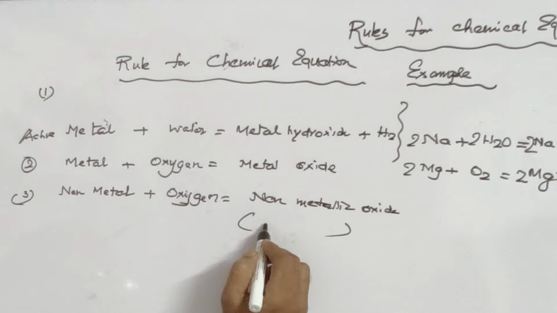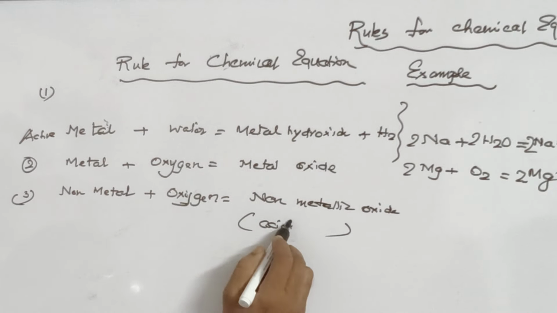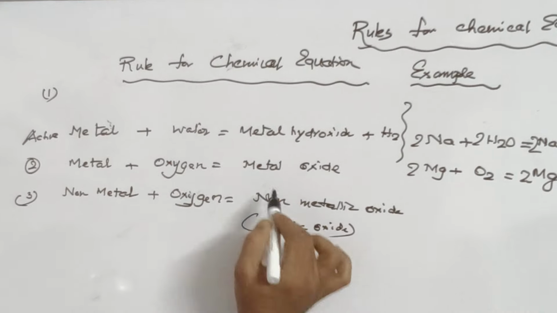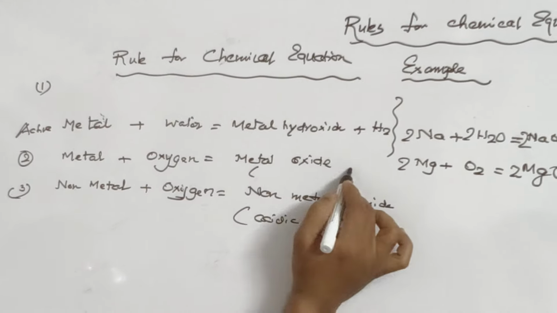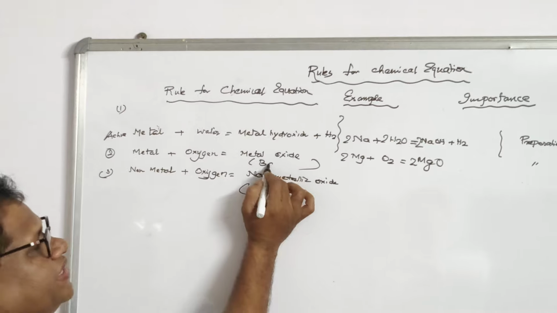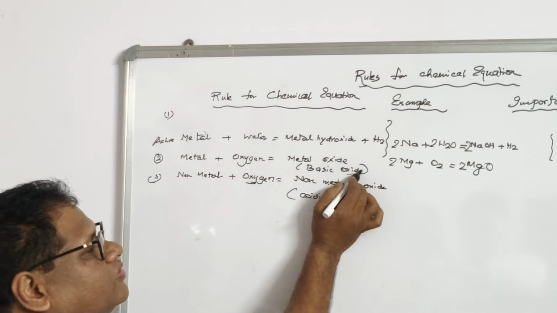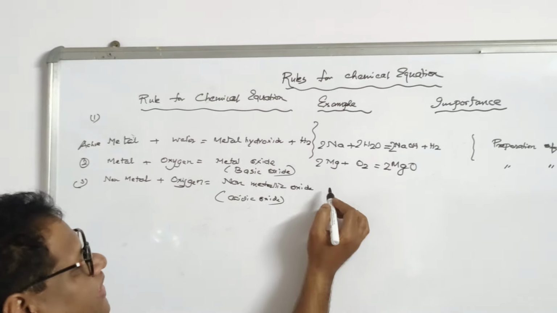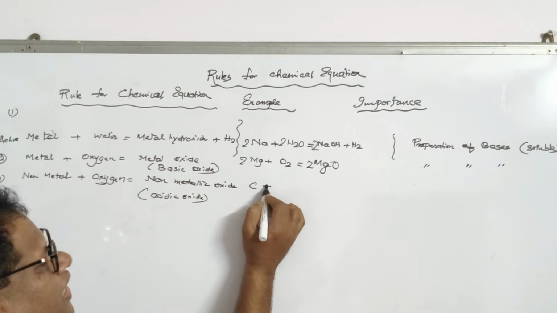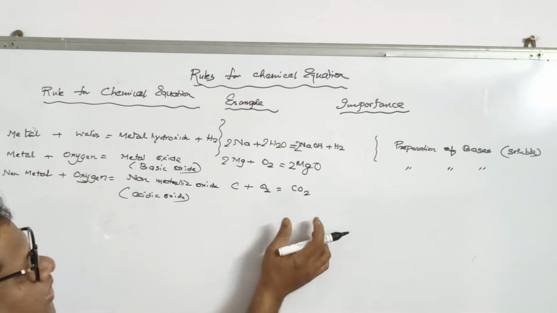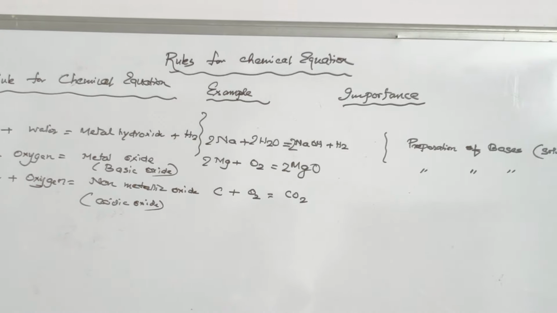This is also called acidic oxide, okay. And this metallic oxide, this is also called basic oxide or simply a base, okay. Now let us give an example. If you burn carbon in oxygen, you get carbon dioxide, okay. Now this is an acidic oxide.